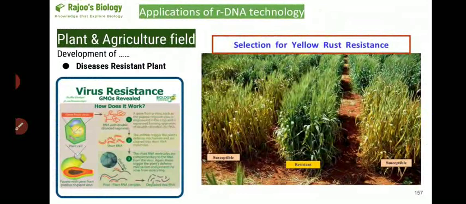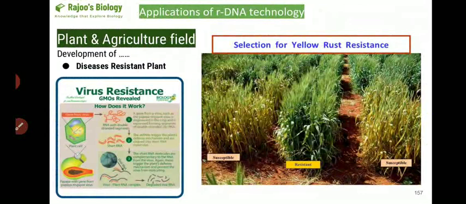Plants are also susceptible to fungal, bacterial and viral diseases, and farmers normally treat with pesticides, insecticides, herbicides and certain chemicals.